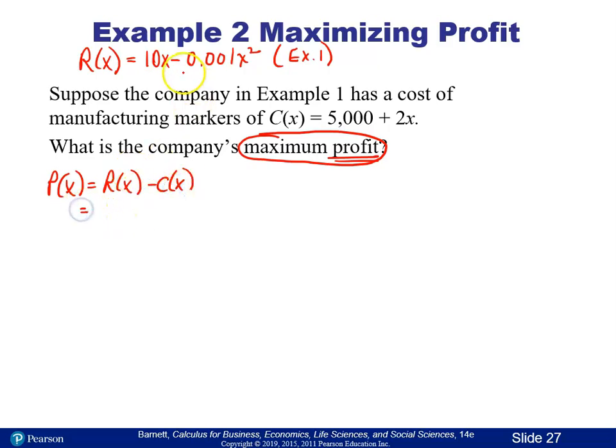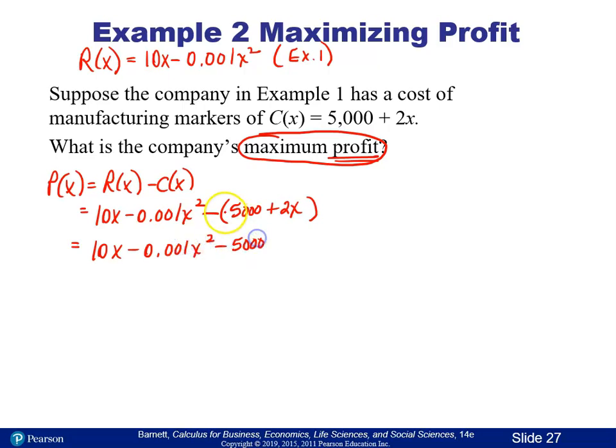The revenue was from example 1, and then the cost, and be sure you put the cost inside of a set of parentheses. They give us the cost is 5,000 plus 2x. And I would say go ahead and simplify this as much as you can. It'll make it easier when you take the derivative.